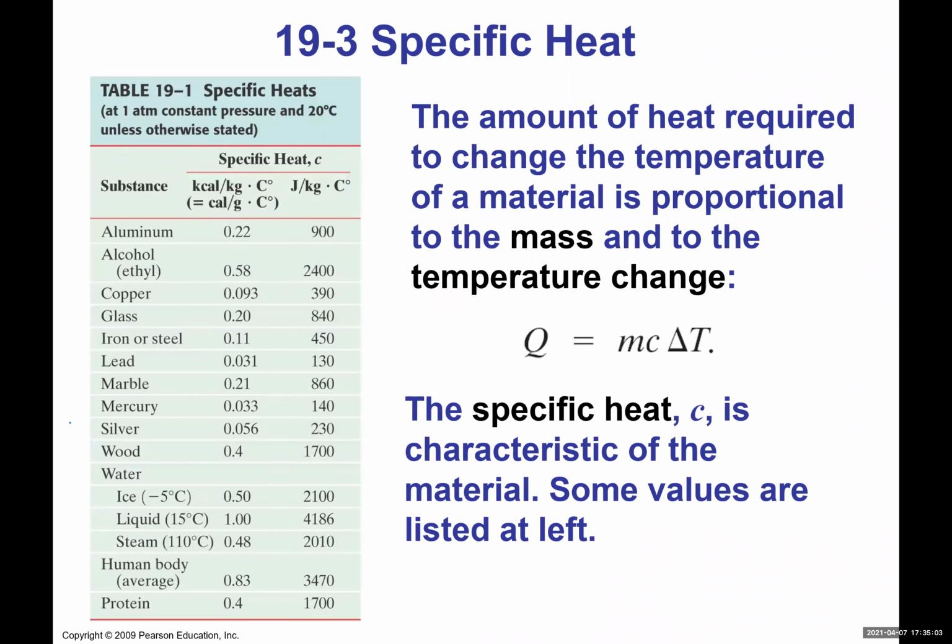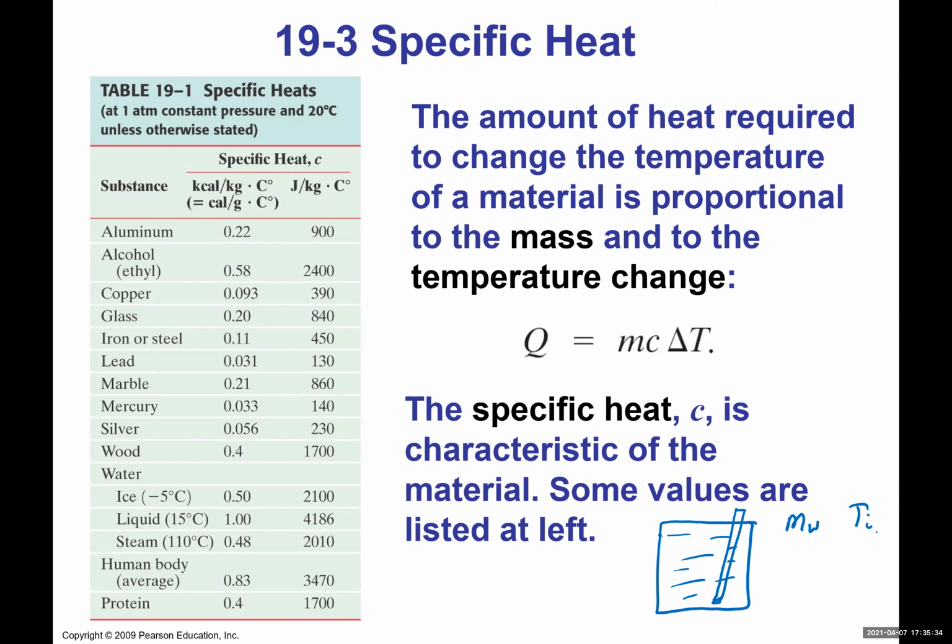Now, here what we're going to do is this. Let's say we have a container with some water in it. I measure the temperature of the water, where MW represents the mass of water. I measure the initial temperature, T initial.